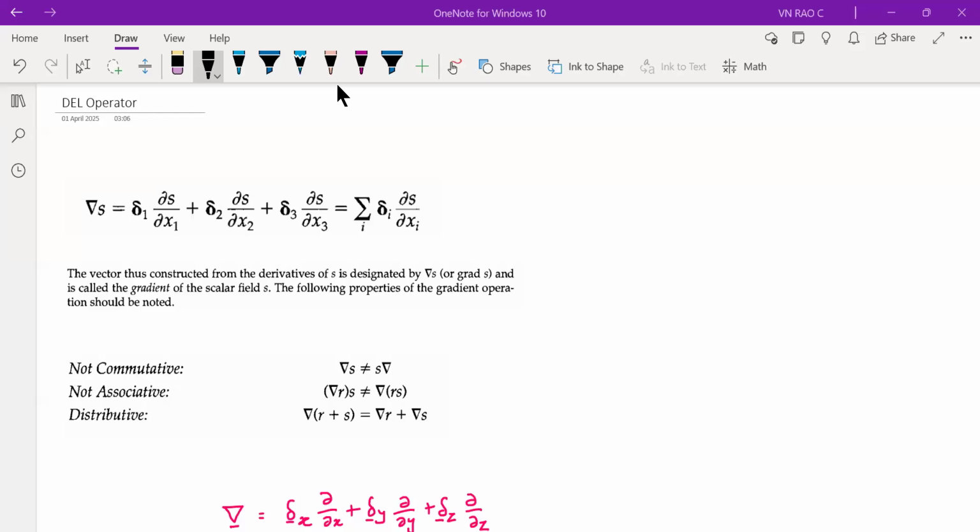In this video, we're going to understand the del operator in more detail. Del operator is a vector differential operator, and this can be seen in Cartesian coordinate system, cylindrical coordinate system, and spherical coordinate system.